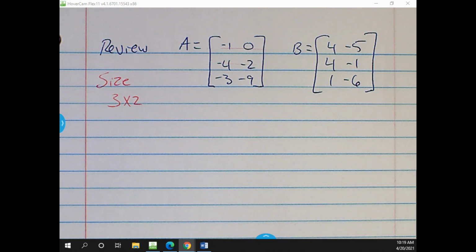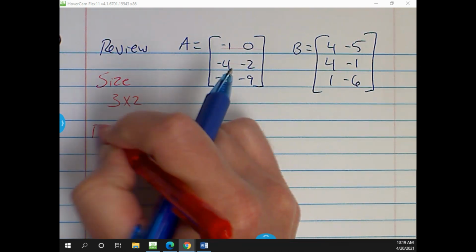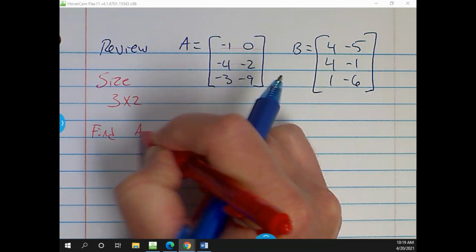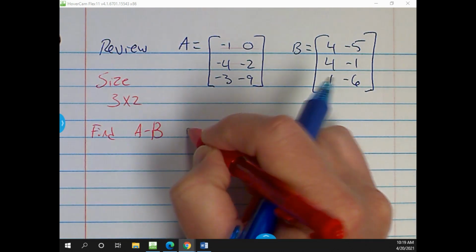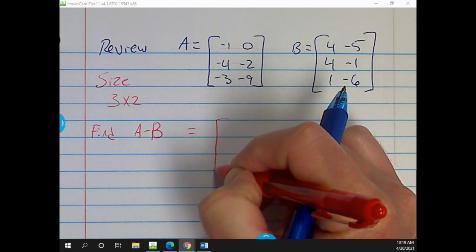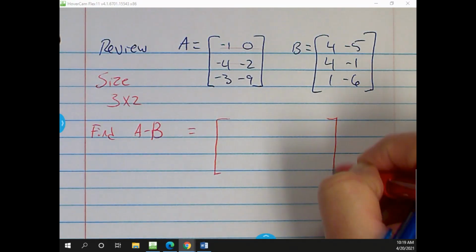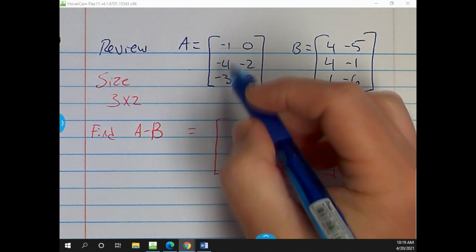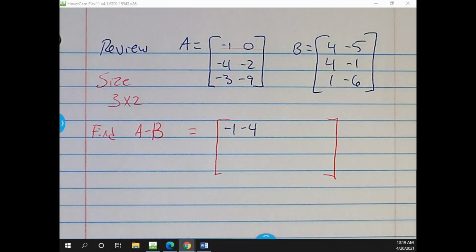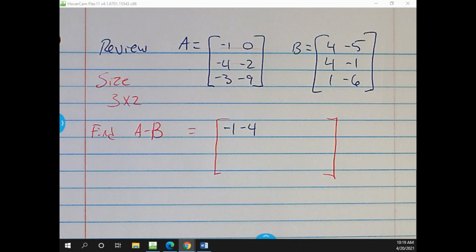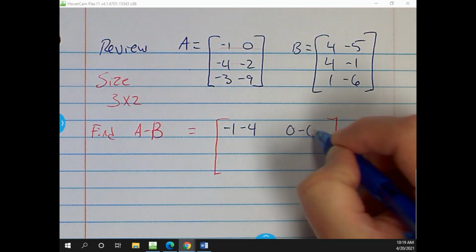All right, and we're going to do a couple of things here. Let's find A minus B to start with. So it's going to be -1 minus 4 for the top left number. Top right-hand number, it's going to be 0 minus -5.